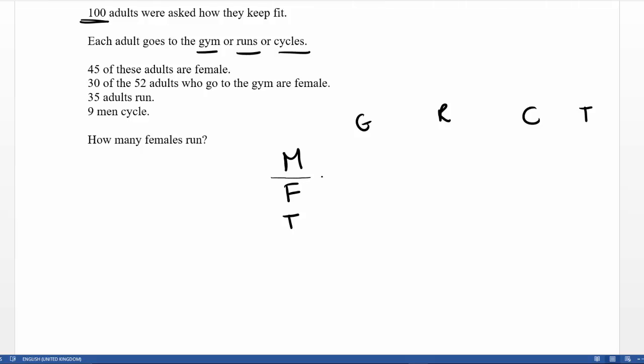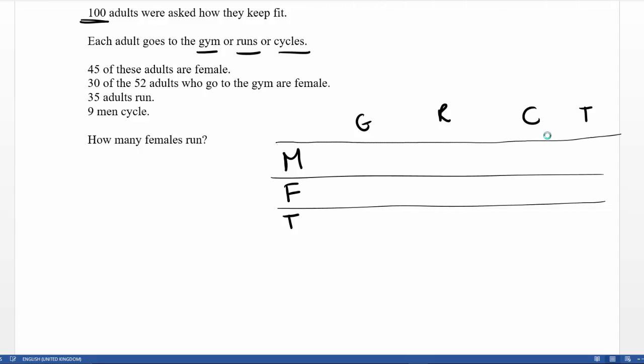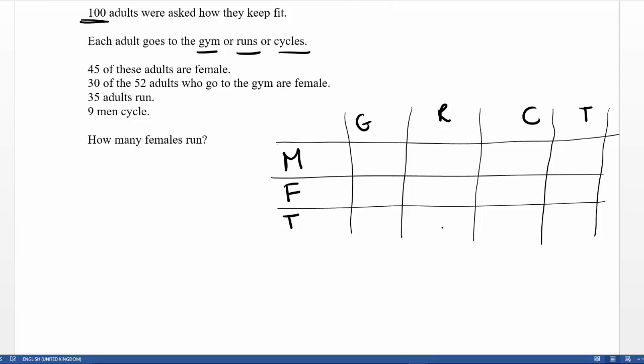So let's draw a little table. Please use a ruler. Okay, so we know our total is going to be 100. That's the first thing.